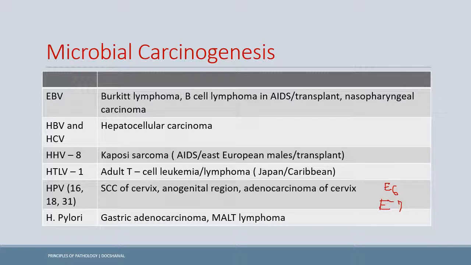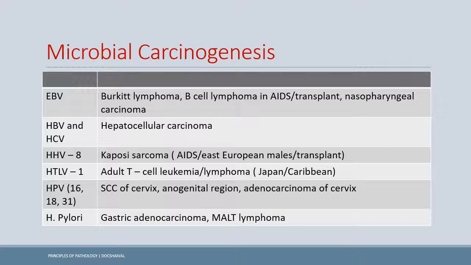Excellent. E6 inhibits p53 and E7 inhibits RB, that is retinoblastoma protein. Both are tumor suppressor proteins, and that would cause them to produce cancer. So that is the high association of HPV with the tumor suppressor pathway.